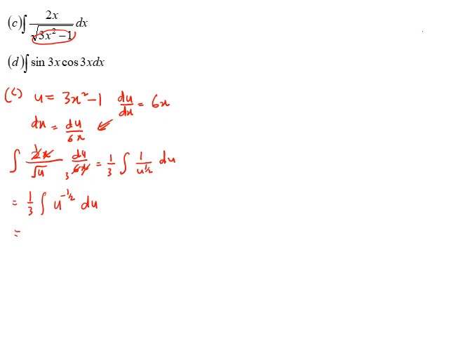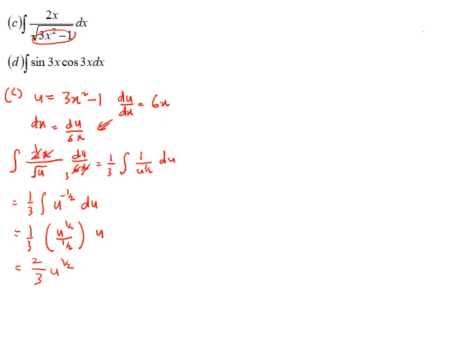So now should be no problem. You imagine as x. So it will be u plus 1, which is u power 1 over 2, divided by 1 over 2, du. So the answer would be 2 over 3 u power 1 over 2.